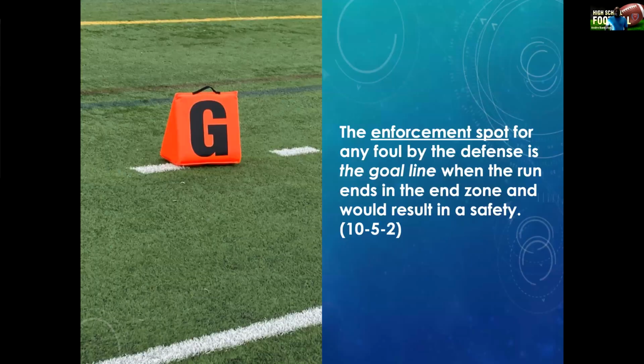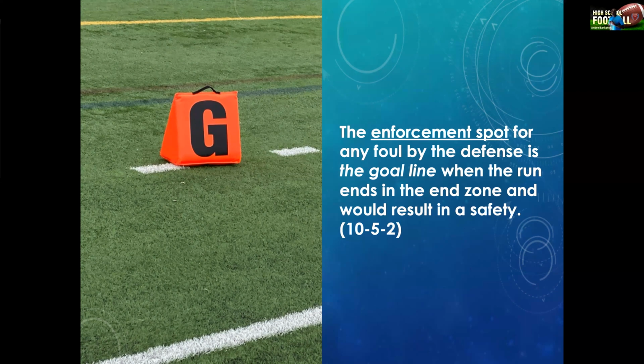All right. And then this is a 10-5 enforcement spot for any foul by the defense in the goal line when the run ends in the end zone and it results in a safety. So the goal line, we were talking about B getting the ball, but it's also referring to A. So let's say A is on the 2-yard line, right?